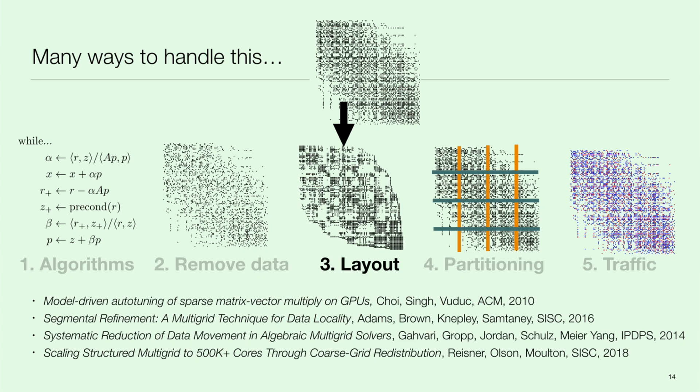With David Moulton and Andrew Reisner, we did some work on redistributing information at coarse levels, and so did Hormozd in an algebraic setting. And there it uses predictive modeling in the same way. So it takes an alpha-beta model and it says, out of all the different ways to coarsen, what's the best one? And then it selects those kind of on the fly. I think in general, extending that model is going to be important, but that's kind of the progress we've made in that area. Good question.